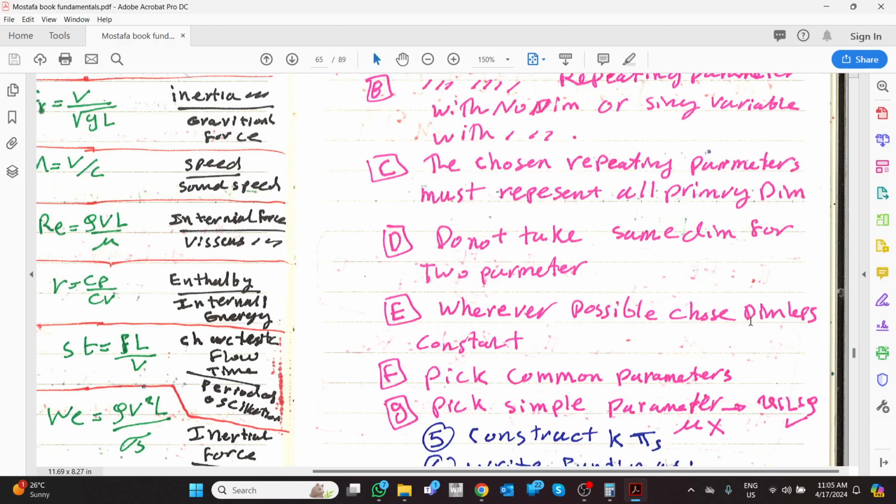Wherever possible, choose dimensionless constants, which means try to use a combination of repeating parameters creating dimensionless constants. What's a dimensionless constant?